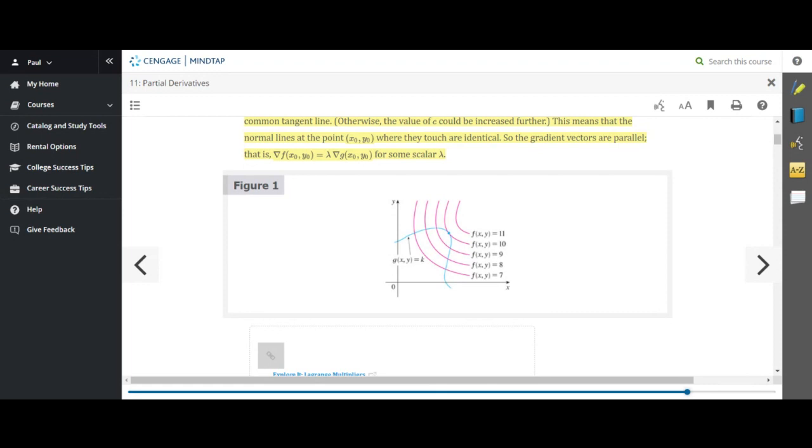All the x, y coordinates on that blue curve satisfy the constraint. But the x, y coordinate at the blue dot is the one such that the constraint is satisfied and the function equals 10, which is the highest value. You see that? All right, are there any questions on that?